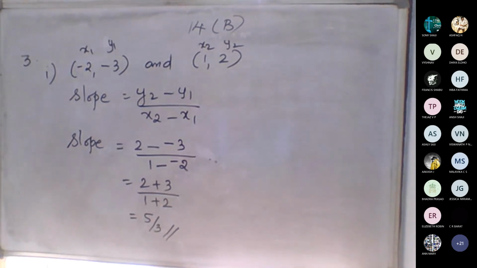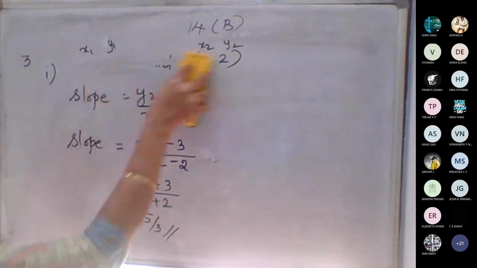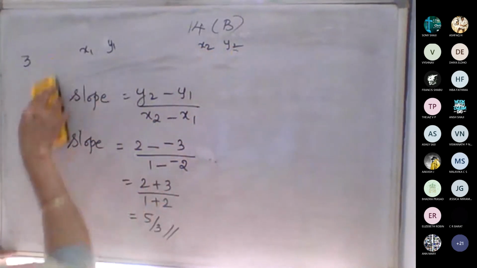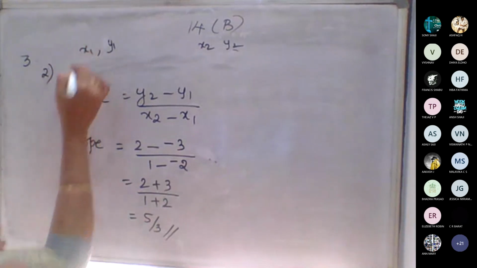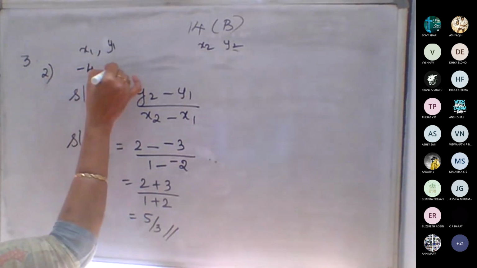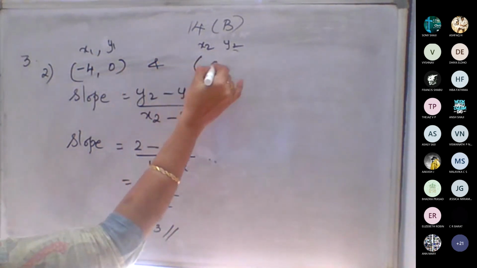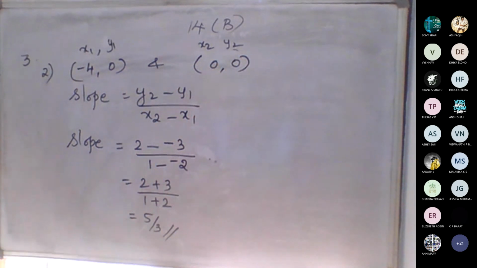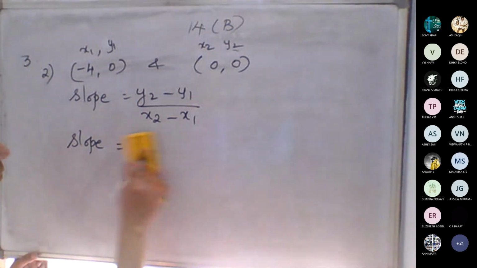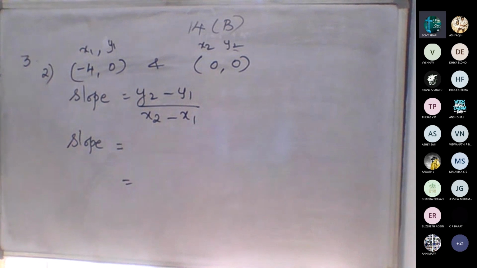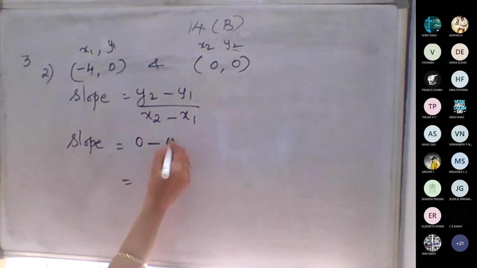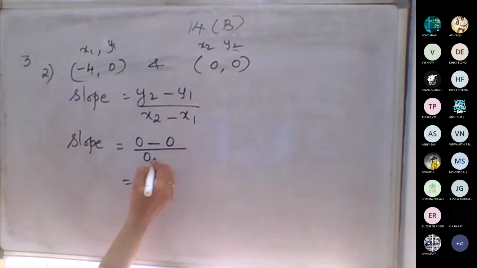Then do the second one. -4, 0 and origin. Origin means 0, 0. y2 minus y1 divided by x2 minus x1.